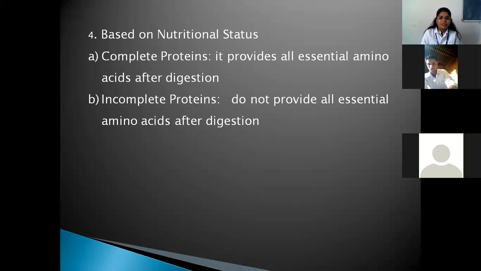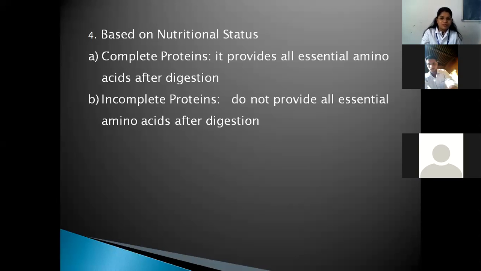That type of protein is known as complete protein. Then the second one is incomplete protein. Those proteins are not going to provide all the essential amino acids after digestion which are required for the body. They are known as incomplete protein.